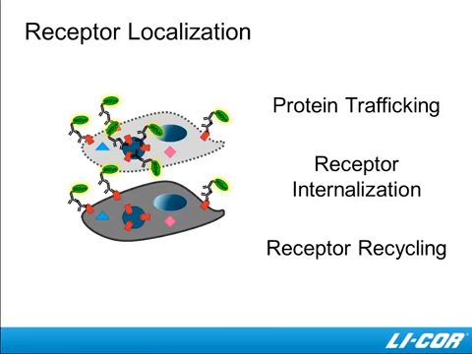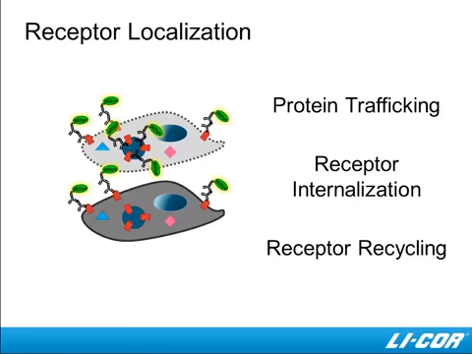So perhaps we start at a basal state and we can assess how much of our receptor of interest is at the plasma membrane. And then we can add ligand and see what happens to our signal after we add ligand. So if our receptor is internalized and we do an On-Cell Western Assay, we would see our signal go away. Additionally, we can look at receptor recycling. So after our receptor is internalized, when does it come back to the plasma membrane?